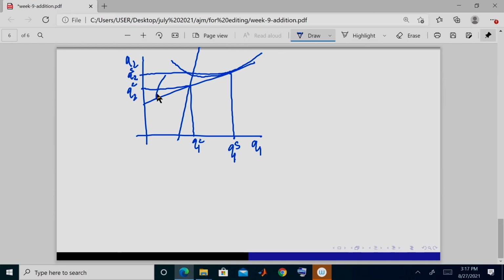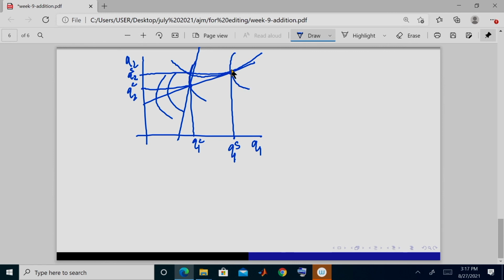And these are the isoprofit curves of firm 2. So, if it moves simultaneously along with firm 1, then this is the outcome, the Cournot outcome. But if it moves second, then this is the outcome.